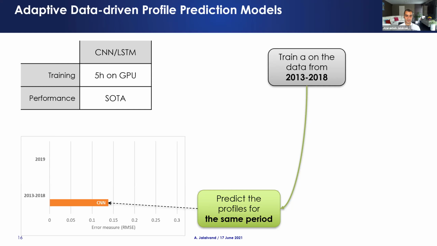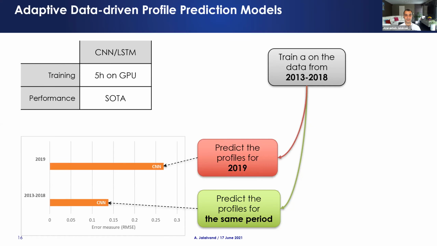How do we know that? Because then we thought, okay, so the model has been trained on the campaign of 2013 to 2018. Why don't we try it on the data set of 2019 and see how it works? And this is where the disaster happens.